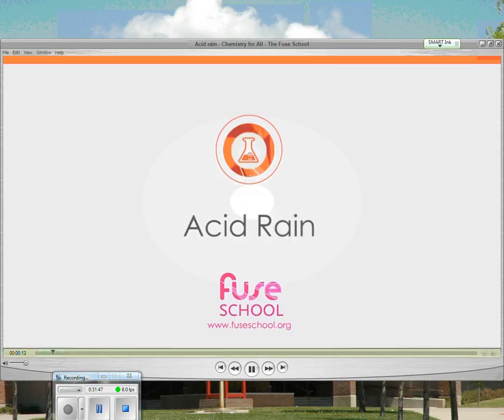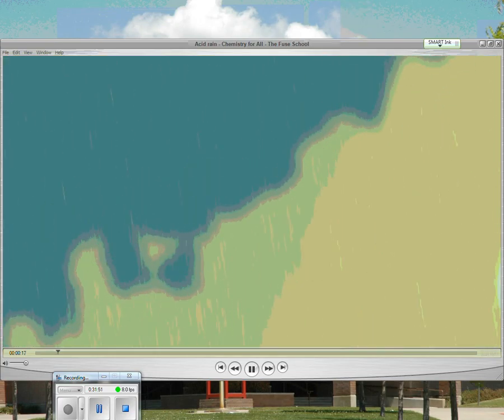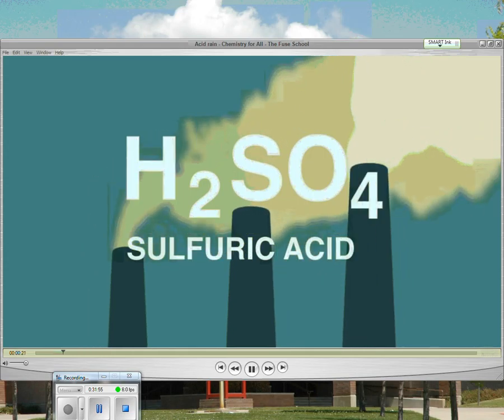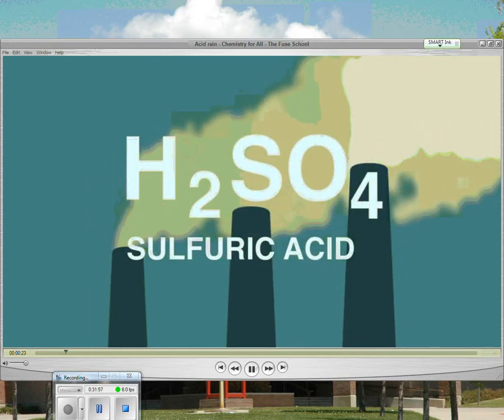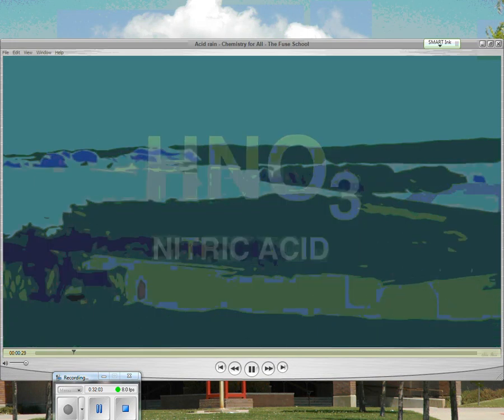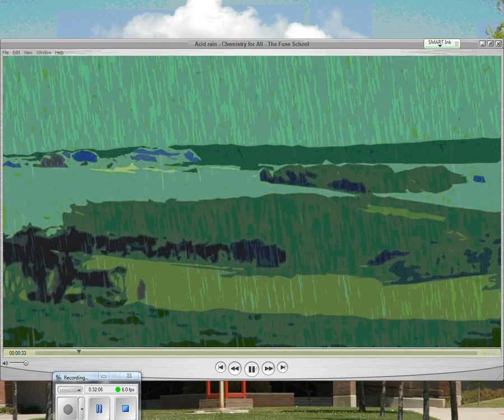Different ways, the burning of fossil fuels can cause our rain to become acidified. Sulfuric acid arises from the burning of coal and oil, mainly in power stations, whereas nitric acid arises from the exhaust pipes of our motor vehicles. You will also see some of the effects acid rain has on our environment.